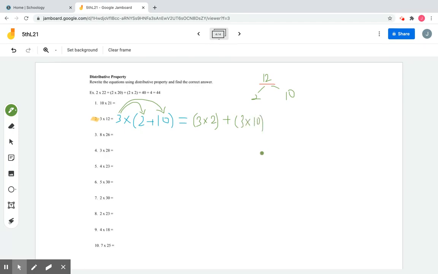Right? Because I have to multiply this with both of them. And 3 times 2 is 6, and 3 times 10 is 30. And 6 plus 30 is 36. So the final answer will be 36.